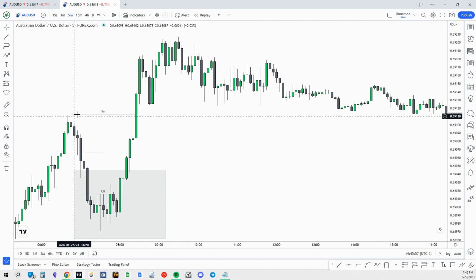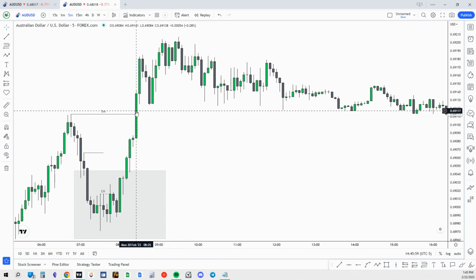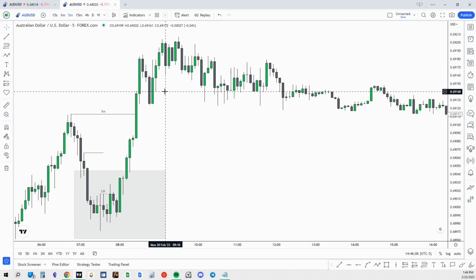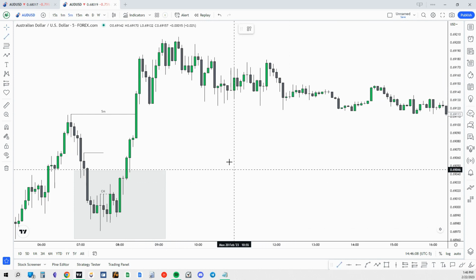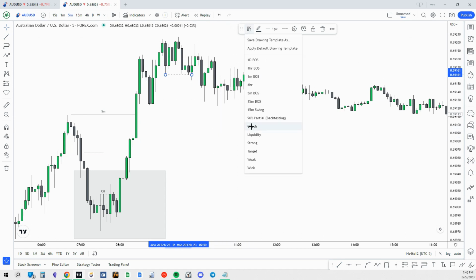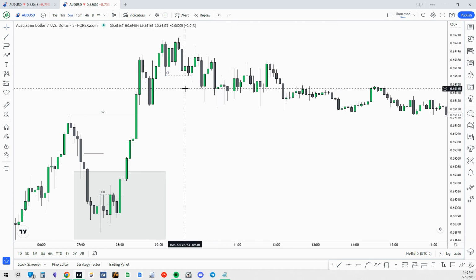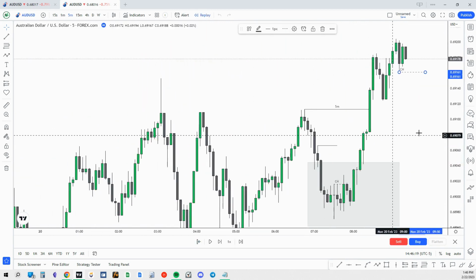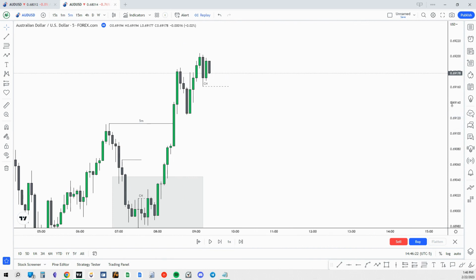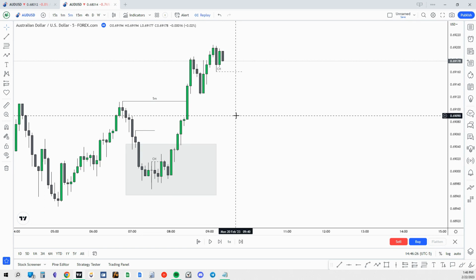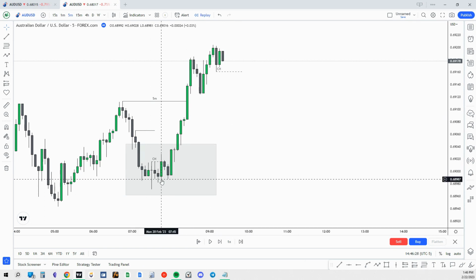So because of this break of structure, we know that price is bullish and that it's most likely to continue the bullish trend, but eventually it does have to pull back. And so in this scenario, this change of character is just signifying that a pullback is likely to happen, okay? And so if you're trading all the way up to this point right here, you could use that to begin to close out or completely close your position if you entered in down here, okay?